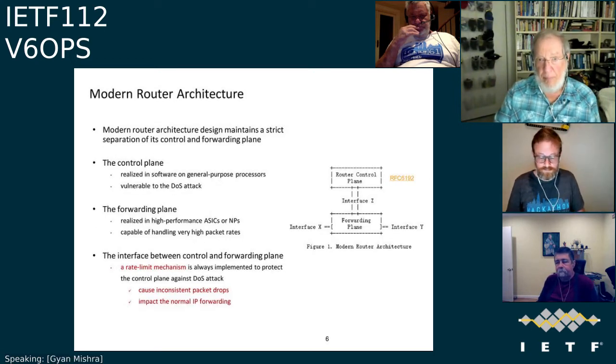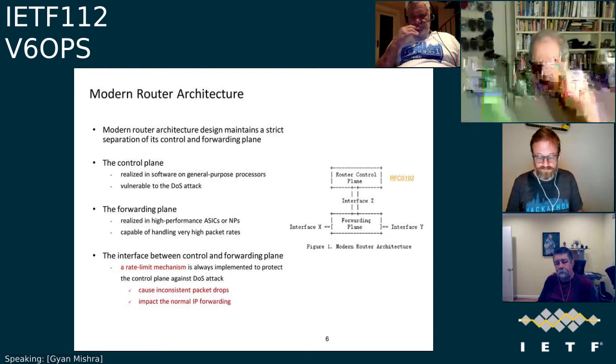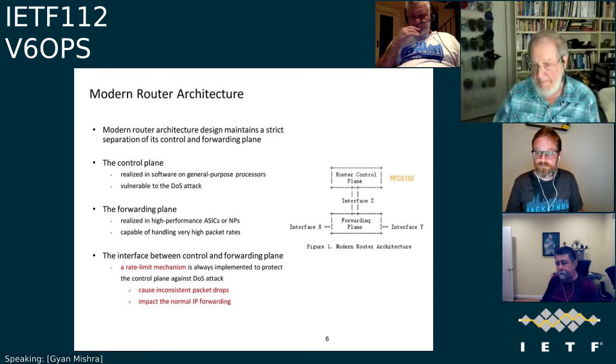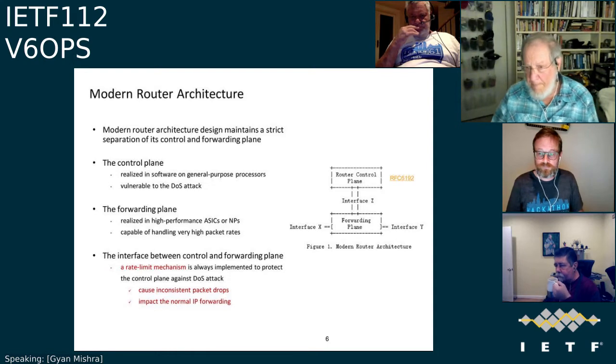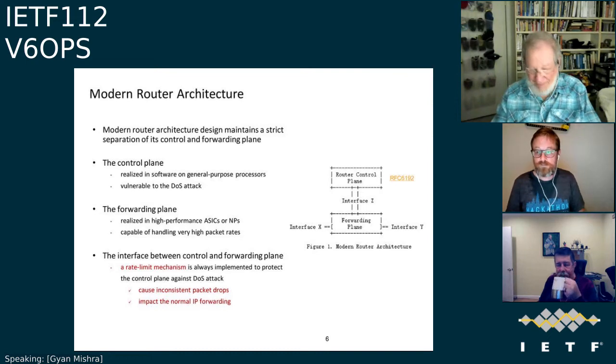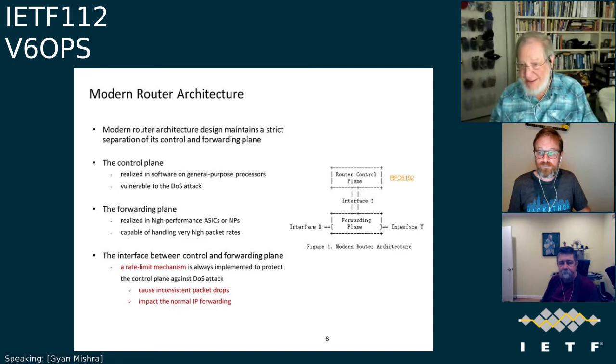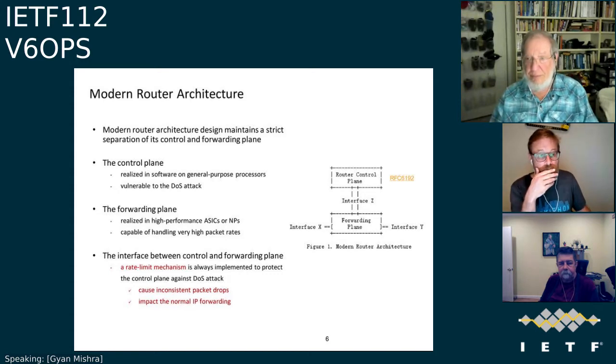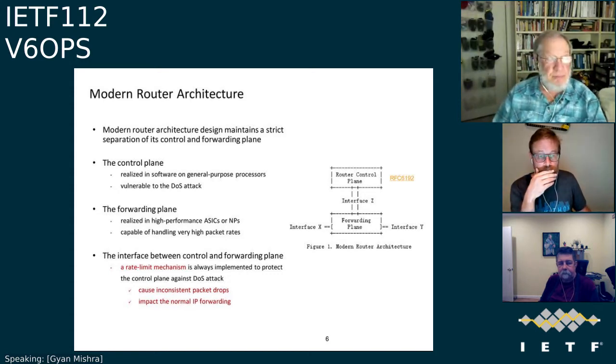With modern router architecture design, the main thing is the strict separation between control plane and forwarding plane. In older hardware, the big thing with the DOS vector was that all traffic hitting the forwarding plane, both forwarding plane and control plane type headers, being HBH options, was punted to the slow path or the control plane path.